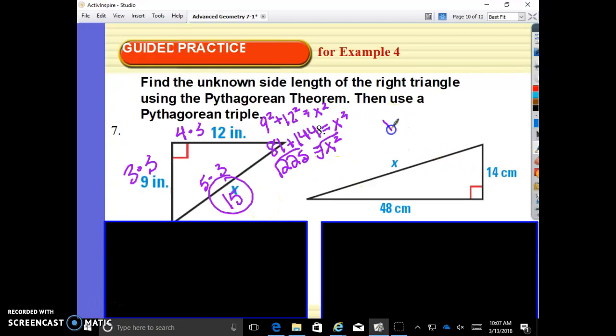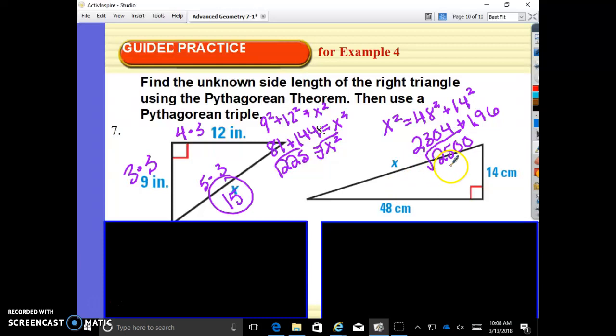How about over here? What squared equals 48 squared plus 14 squared? What is 48 squared? 2,304. And 14 squared is 196. And if we add them together, we get 2,500. And the square root of 2,500.